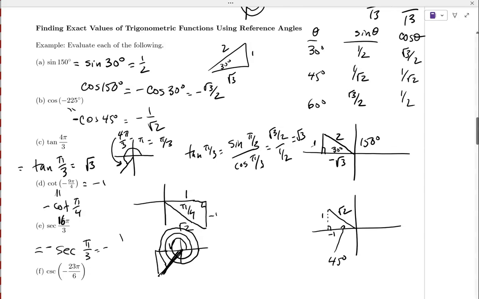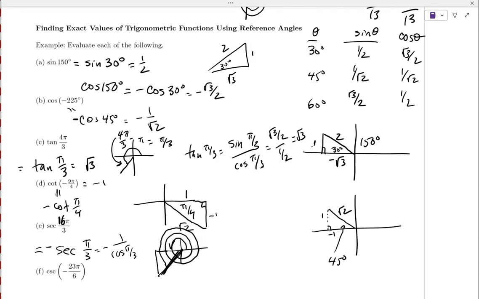Secant is 1 over cosine, and cosine of pi over 3 is what? Say it again. That's the sine of pi over 3. It's the other one. That's 1/2, if pi over 3 is 60 degrees.